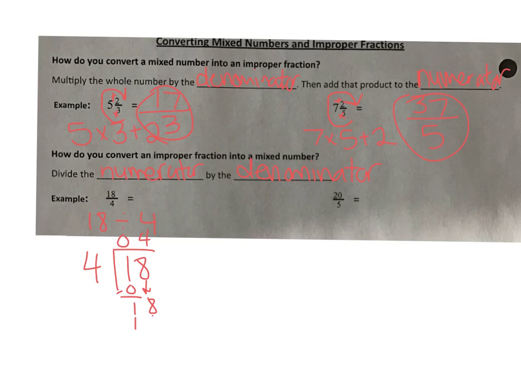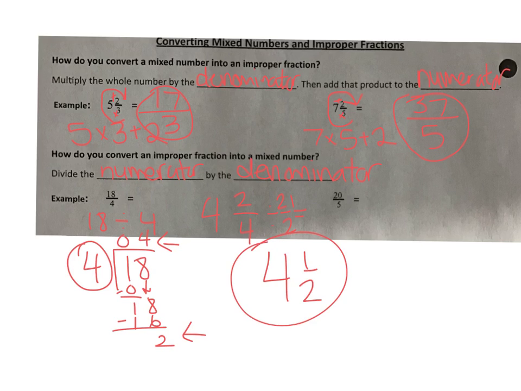That's 4 times. 4 times 4 is 16 with 2 left over. The whole number is going to be your 4. The remainder is your numerator, and then your denominator is 4. We need to simplify that and divide it by 2 over 2, so we get 4 1/2.